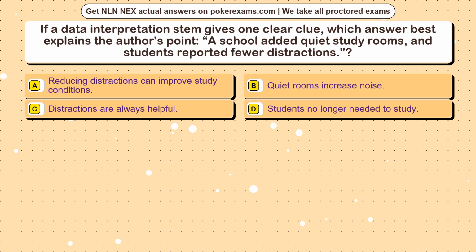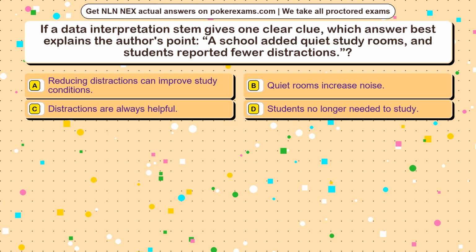Question 4. If a data interpretation stem gives one clear clue, which answer best explains the author's point? A school added quiet study rooms, and students reported fewer distractions. Option A, reducing distractions can improve study conditions. Option B, quiet rooms increase noise. Option C, distractions are always helpful. Option D, students no longer needed to study.